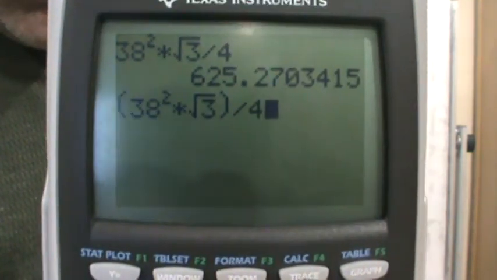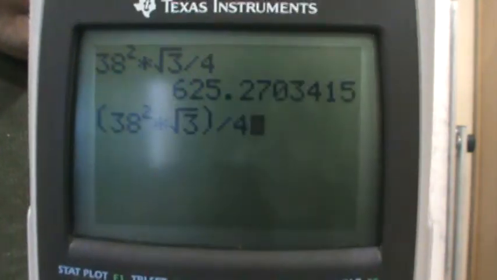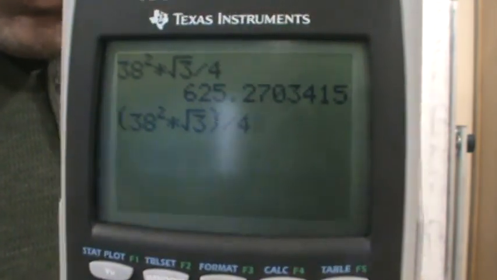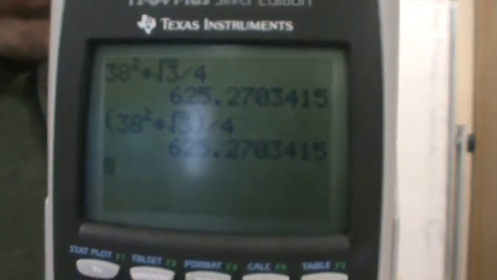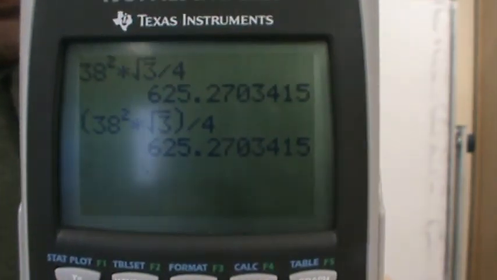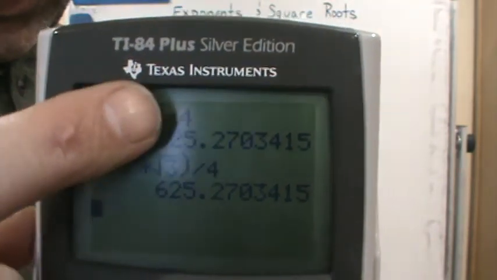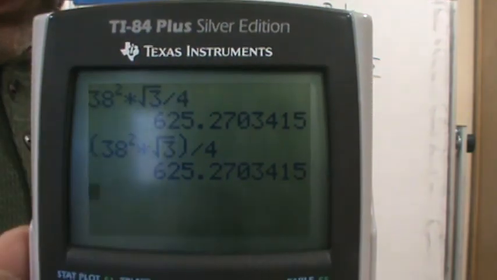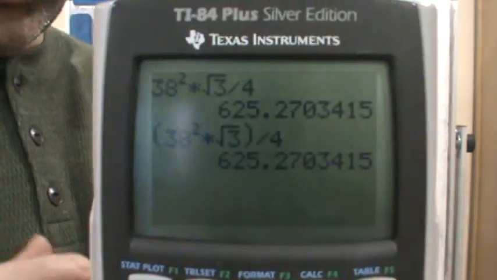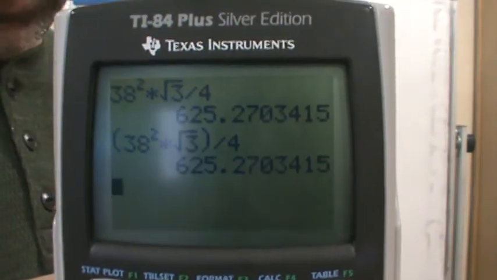That makes sure that you do the numerator first and then you divide by 4, but guess what? It gives you the same answer. So the calculator does know order of operations. If you just put it in there, it's going to do the multiplication and division in the correct order, to give you the correct answer.